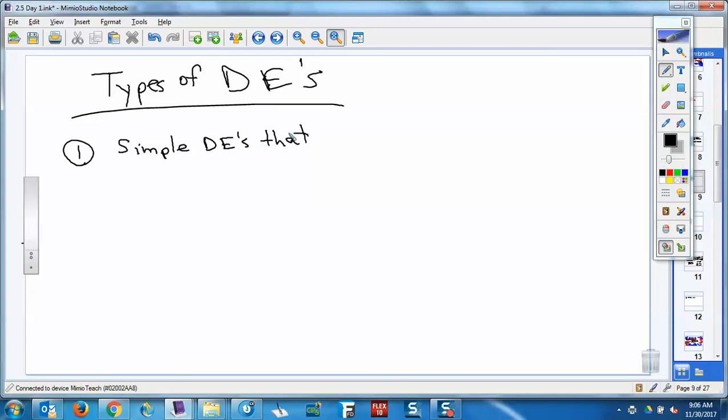So, you know, you first learn about them, they don't feel that simple. But in the world of differential equations, they'd be considered simple. Simple DEs that we can solve by anti-derivative.